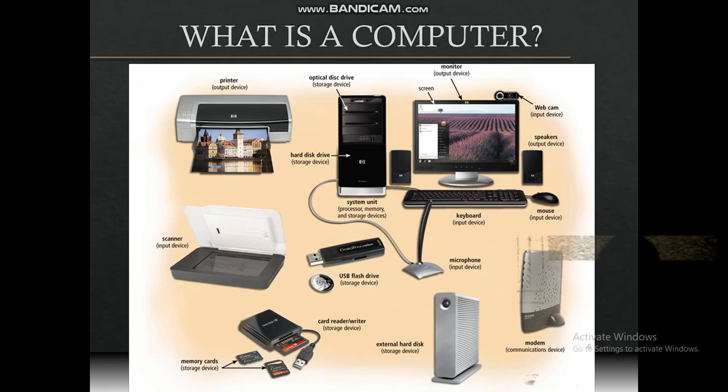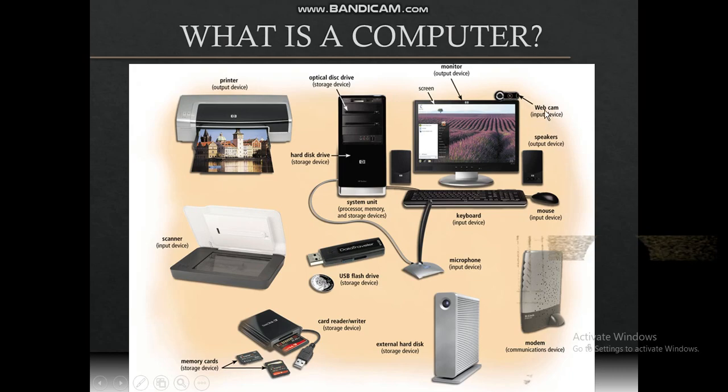Here are some examples of computer devices that I can give you. The printer, its function is to output, to bring something out. This is the CPU of the computer. The CPU has its own hard disk inside it, and also a storage device, that's the optical disk. The monitor has the screen, and the monitor gives the output.